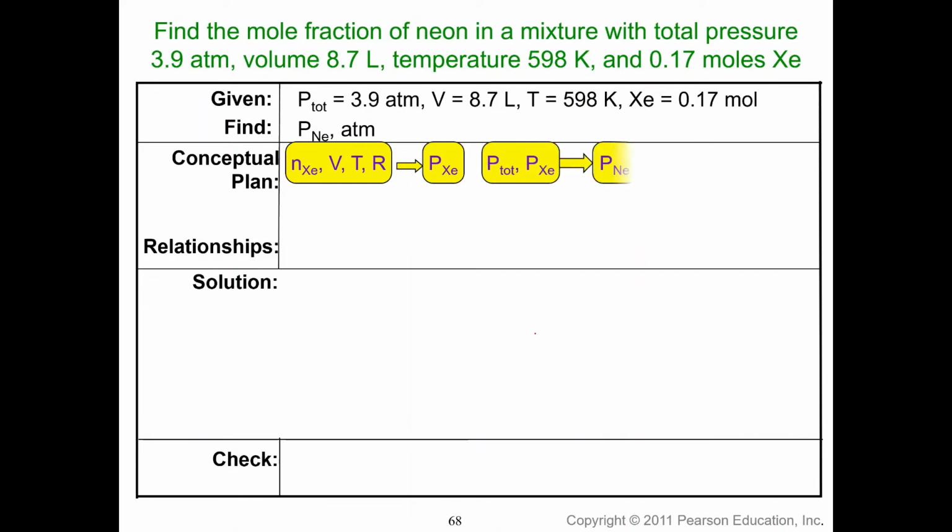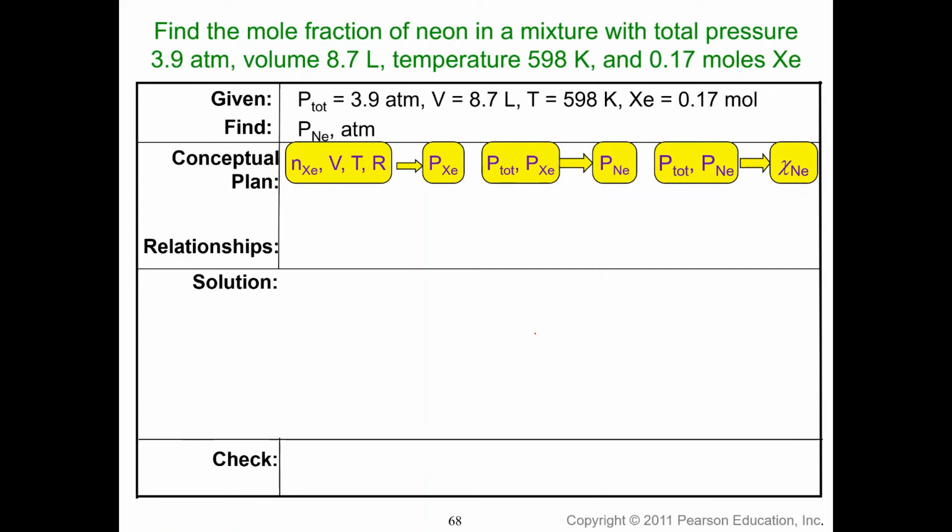Once you get the partial pressure of the xenon, you subtract that from total pressure, that gives you partial pressure of what? Neon. Now you have the partial pressure of the neon. You have the partial pressure of the xenon. What can you do? You can find out the mole fraction, right?